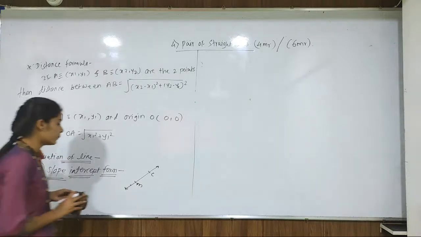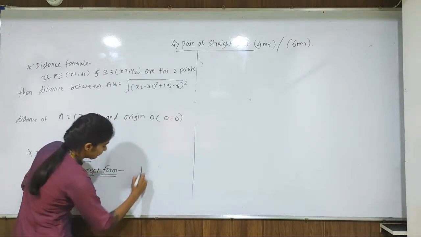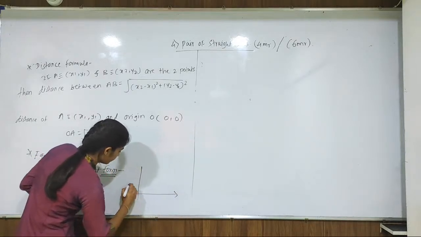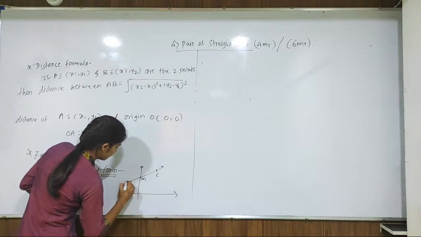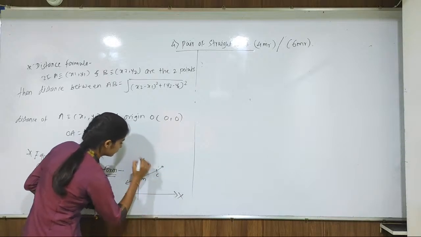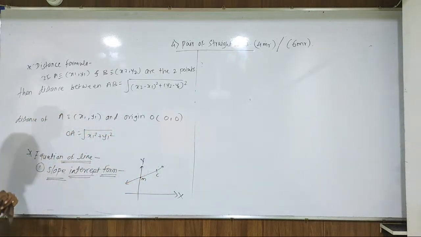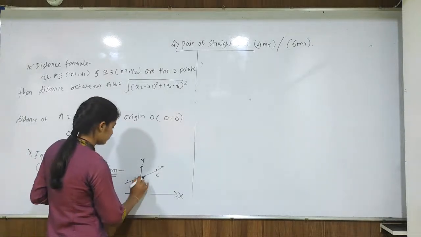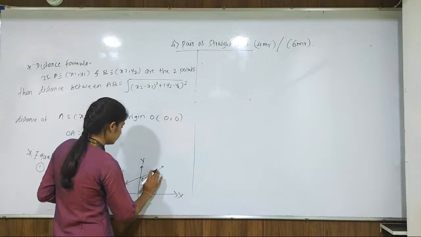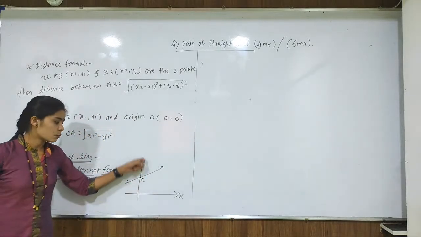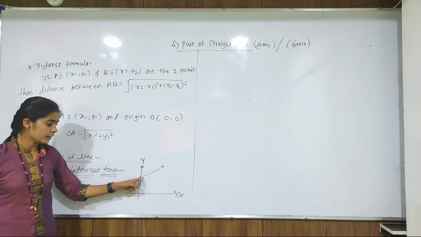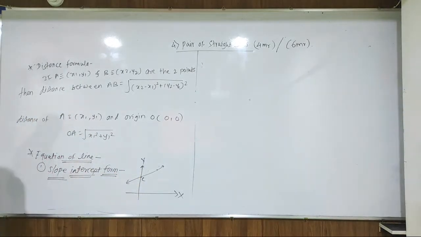Yes, tell me. This is C. Slope is also there, and this is the y intercept. So काय इक्वेशन होतं?